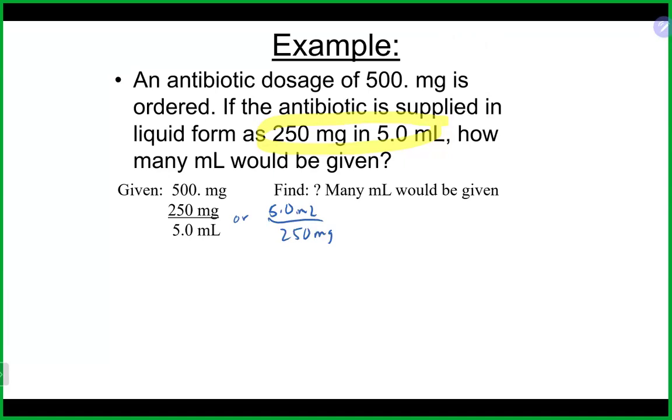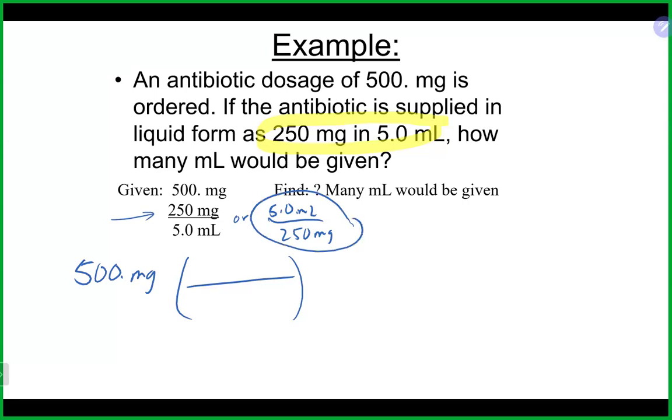So we are going to start with the 500 milligrams. Once again, we want to get rid of milligrams. We are going to use what they gave us as a conversion factor in the problem. Same thing, we're going to go opposites, which means we need to flip it around and use it in the opposite direction. That's going to give us 5 milliliters on top, and milligrams on the bottom.